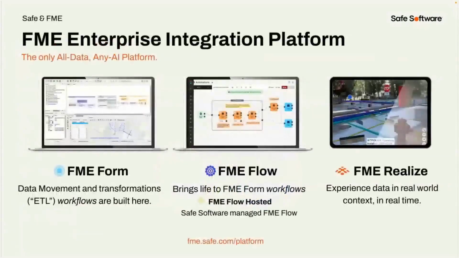To also give a broad overview of FME: FME Form, which is basically the desktop version of FME; FME Flow, which is the server version; also FME Flow Hosted, which we have as more of a backend hosted option for FME, where you don't have to provision the actual infrastructure yourself. And then FME Realize, which is an AR offering for FME.